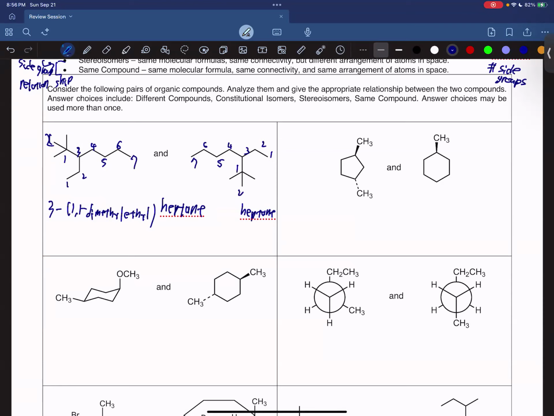It is the same 1, 2, and then dimethyl and the 1. So in that case, we have exactly the same IUPAC name, so we can confirm they are the same compound.